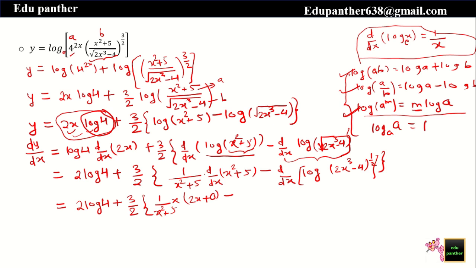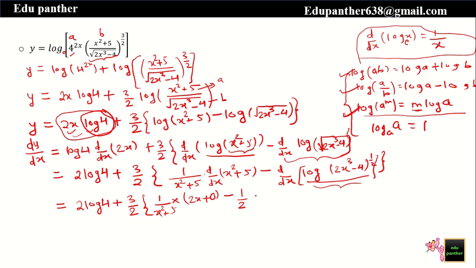Now here I'll directly differentiate this second term, which is the derivative of log, using this property of log also. So by using the property of log, this 1/2 will come at the start, and we have to differentiate this term only, log of 2x³ − 4.